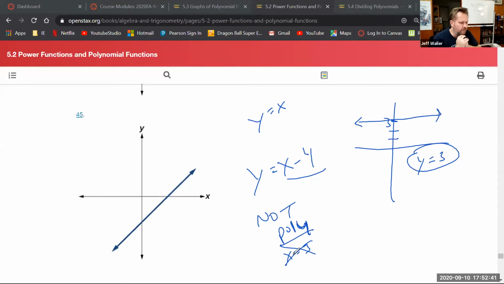Can somebody give me an expression that's not polynomial? Y equals 3 to the power of x? Okay, I like it. 3 to the x is not a polynomial function. What about x to the negative 2? So this becomes important. What's the definition of a polynomial?